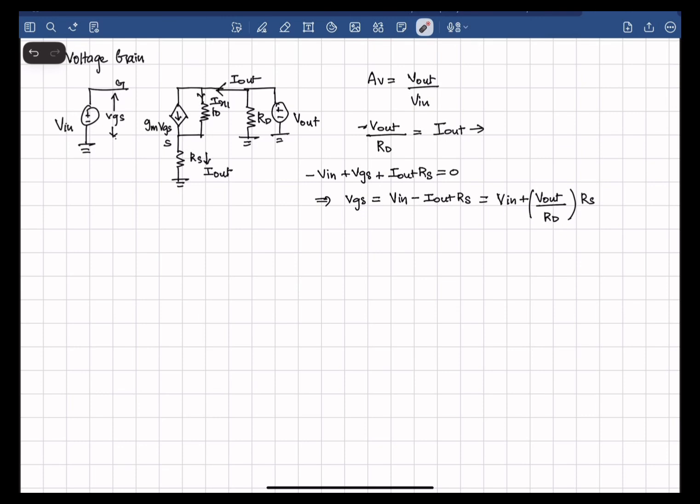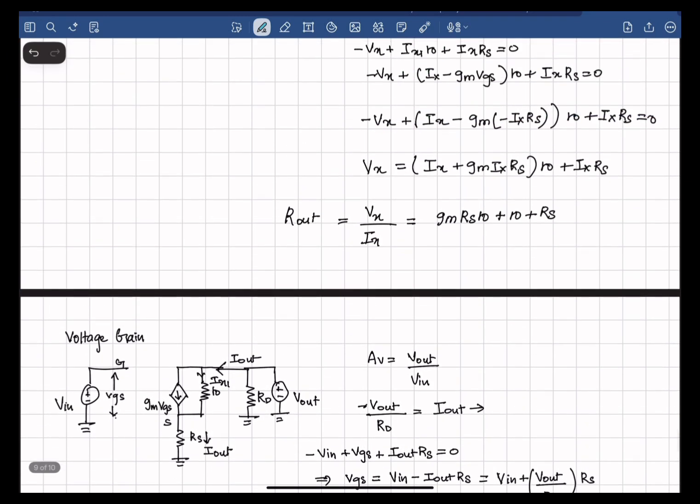Now I'm going to apply KVL to this loop right here. The equation that I get would be minus Vout plus Ix1 into Ro plus Iout into Rs is equal to 0.